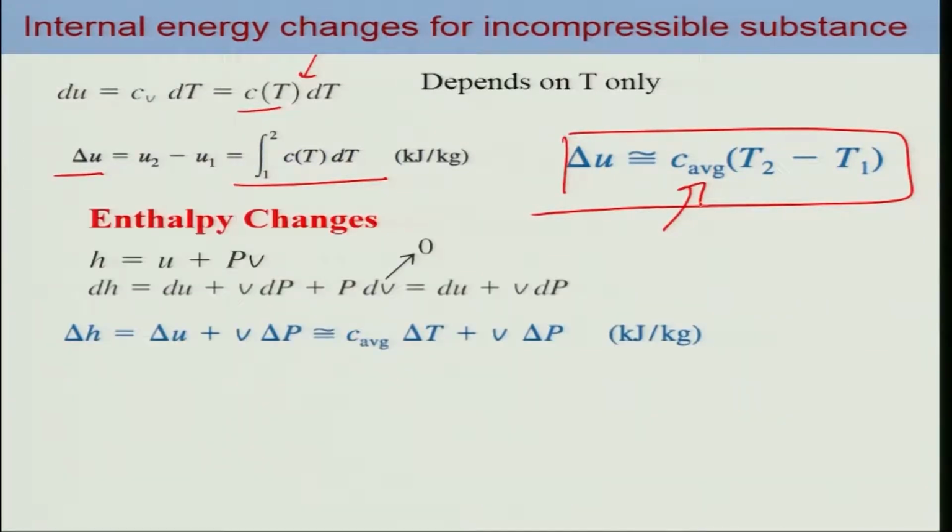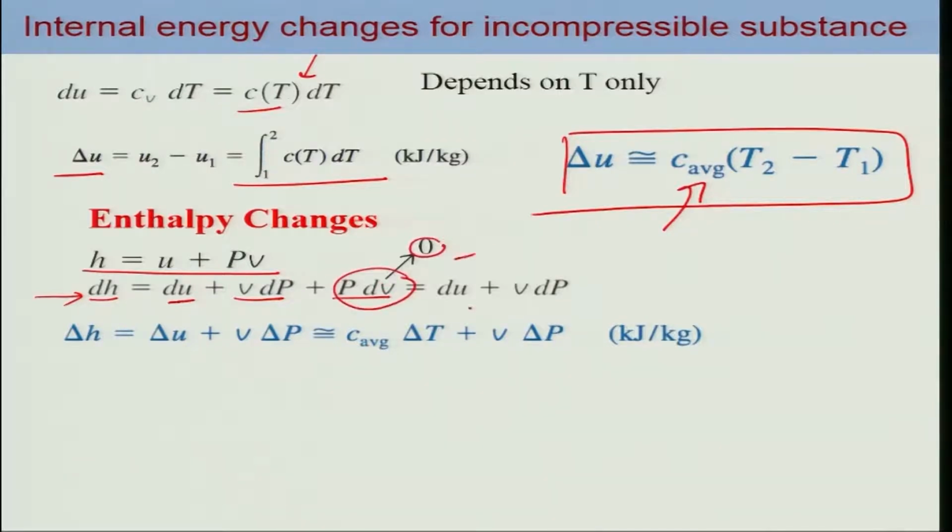Let us now look specifically at enthalpy changes for the case of an incompressible substance. As we know, H is equal to U plus PV, that is a definition. So, you can differentiate, and dH is equal to dU, then there will be two terms because you differentiate first P and then V. Now, considering an incompressible substance, the dV part is going to be 0.